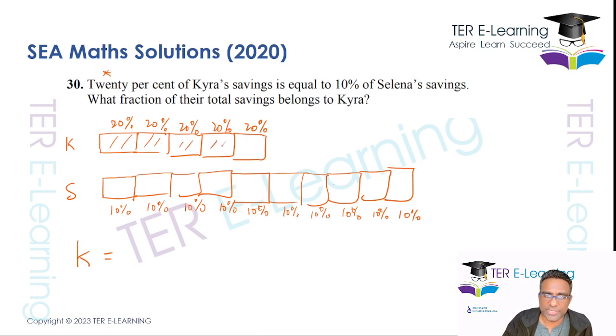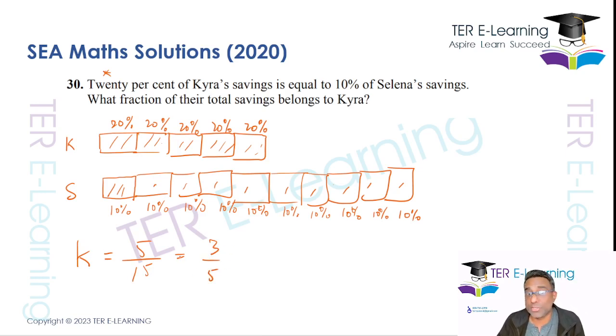But the total number of boxes will be 5 plus 6, 7, 8, 9, 10, 11, 12, 13, 14, 15. So that's going to be 5 over 15, which is actually 1/3. So that's the fraction that they're looking for, the total fraction that belongs to Kyra, right?